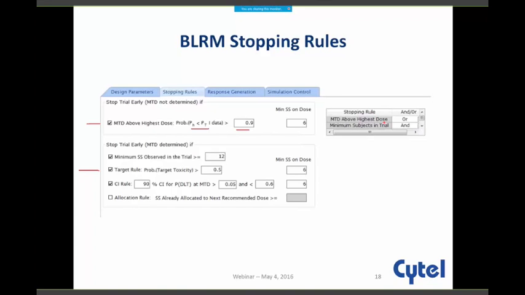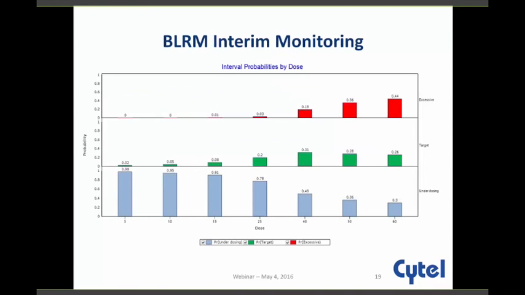Once you do this, there are different types of outputs that you can observe, whether you are in simulation mode or in trial execution mode. You will be able to see options like the interval probabilities by dose, which enables you to see how the dose escalation decision is being made by the software.